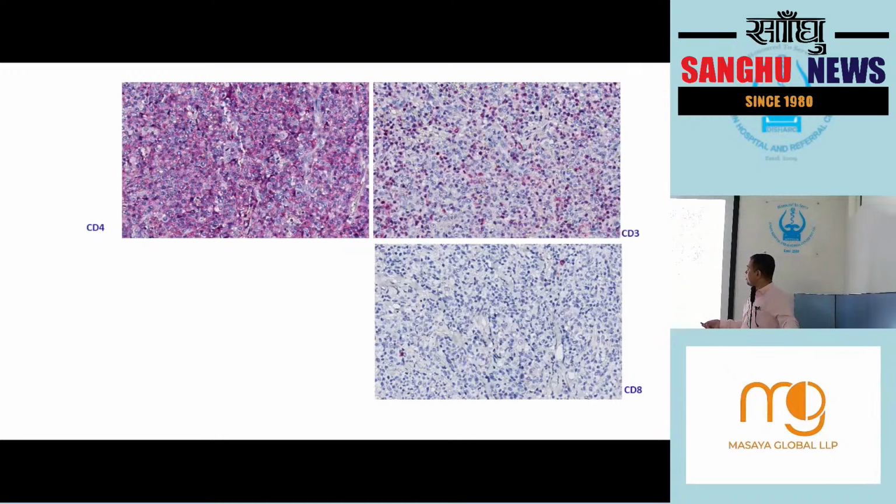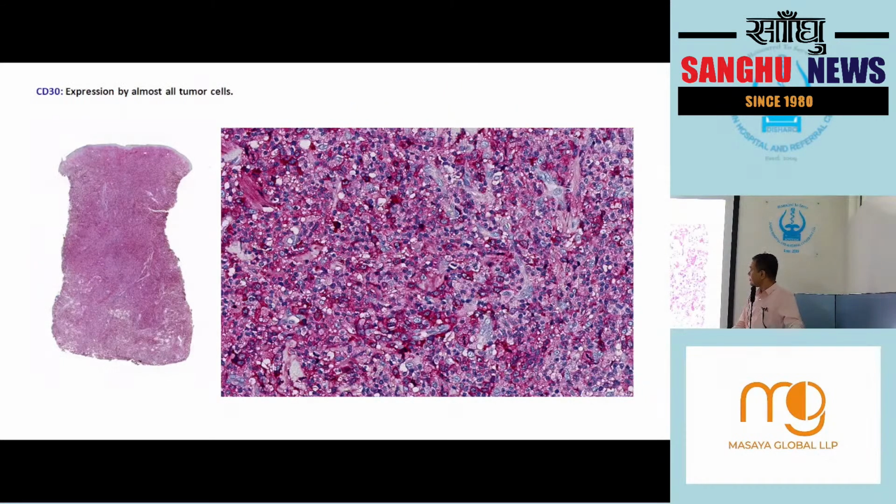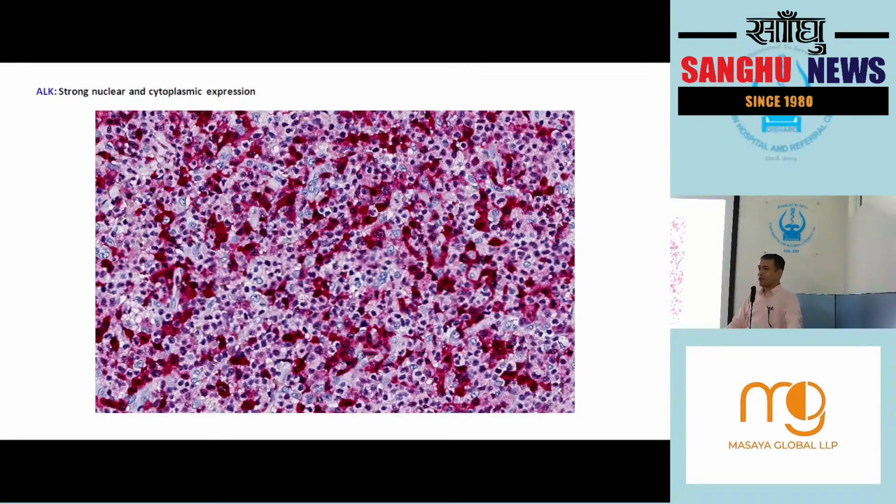CD4 beautifully positive in most of the cells. CD3 is negative, some interspersed lymphocytes positive, tumor cells are negative. CD8 is also negative. CD30 almost 100%. Again, I am coming to CD30 again, almost 100%. ALK is also positive. Now this has changed my diagnosis.